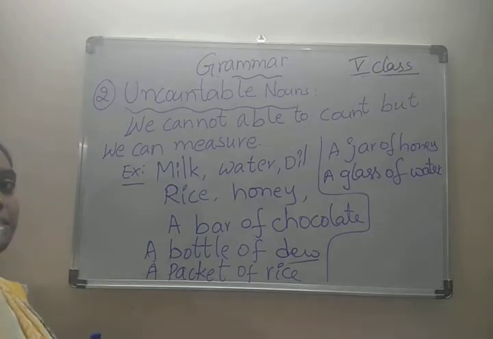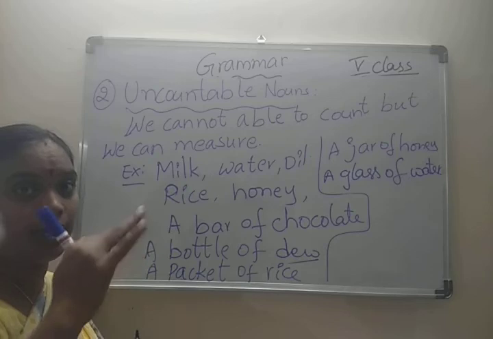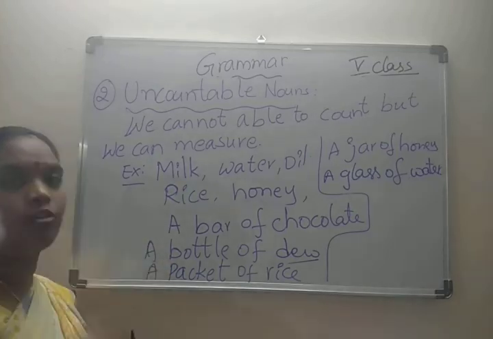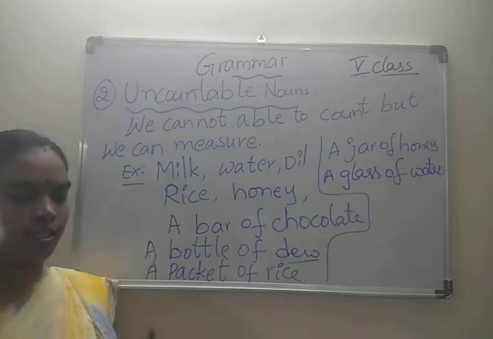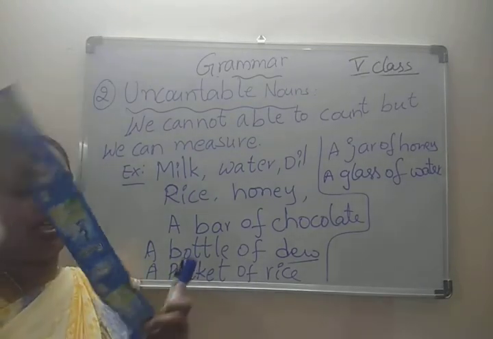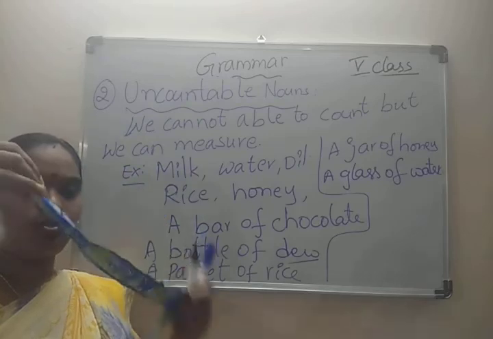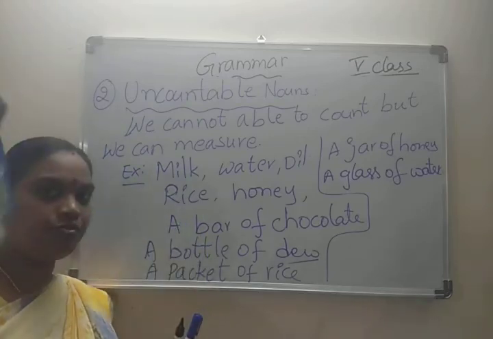How do we measure? We can take kilograms, a glass of, a bottle of. Like this sachet, children. This is Comfort, you know that. It is liquid, so how do we call this? A packet of comfort.